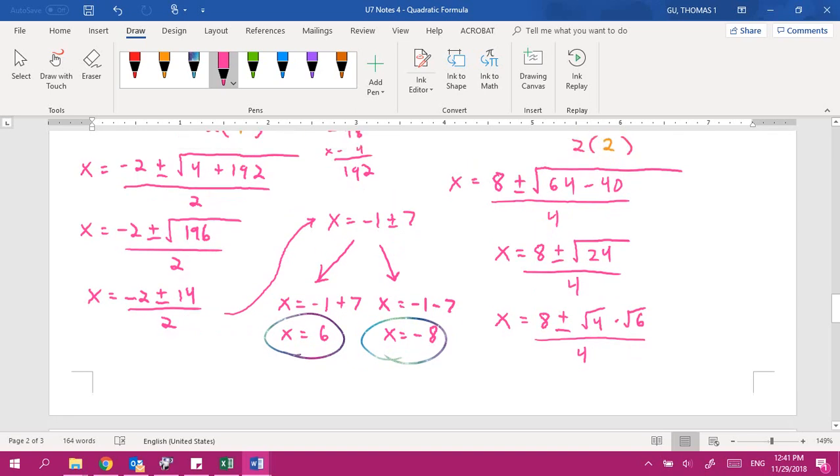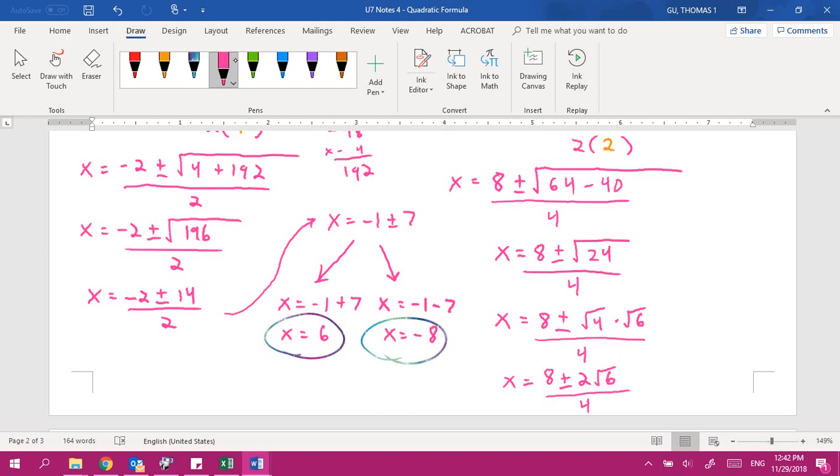And that's very helpful because what is the square root of 4? 2. So then this can be turned into x equals 8 plus or minus 2 square roots of 6 over 4. It's a 4 on the bottom.